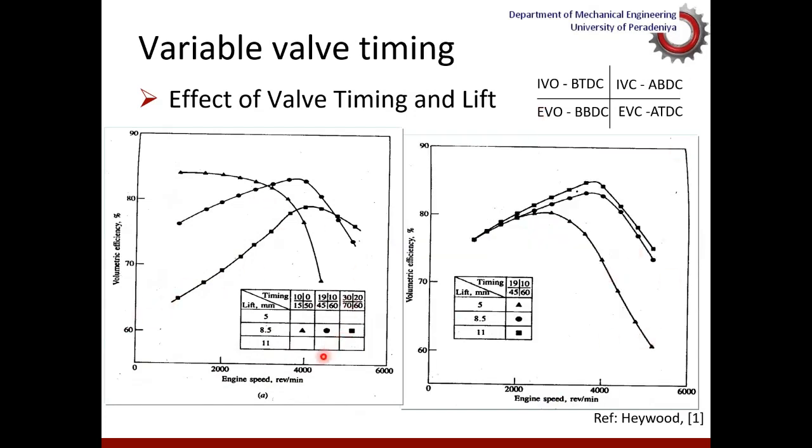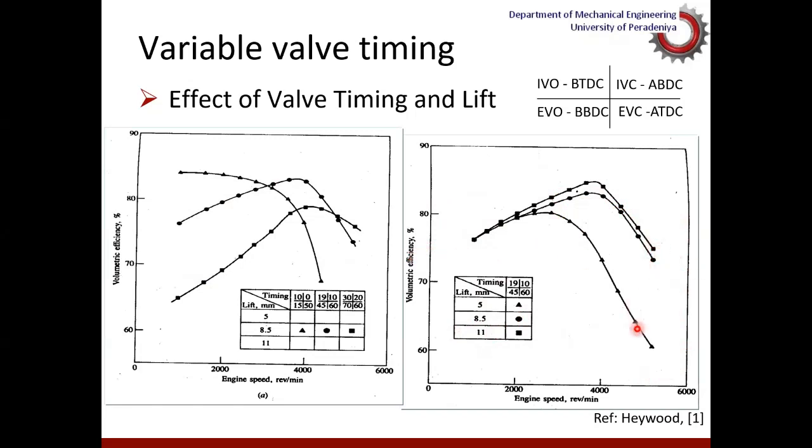Now, out of this, the best curve would be the middle one. You get the average of this and this, and somewhat better in the high speeds also. And if you look at the performance under different maximum valve lift conditions, you can see at low speeds, the lift doesn't play a significant role, but at high speed conditions, having a larger lift would always be better as far as the volumetric efficiency is concerned.